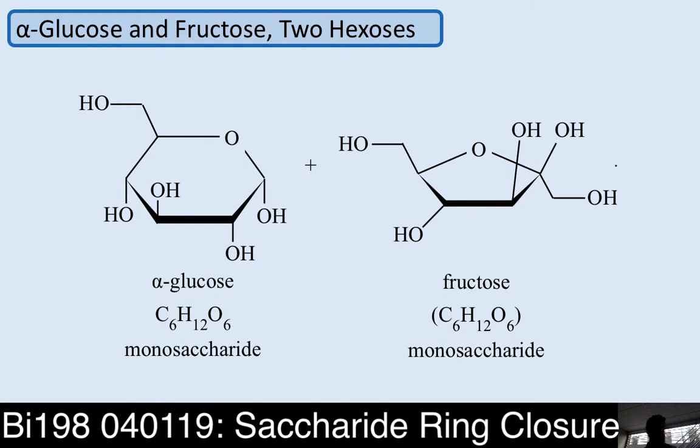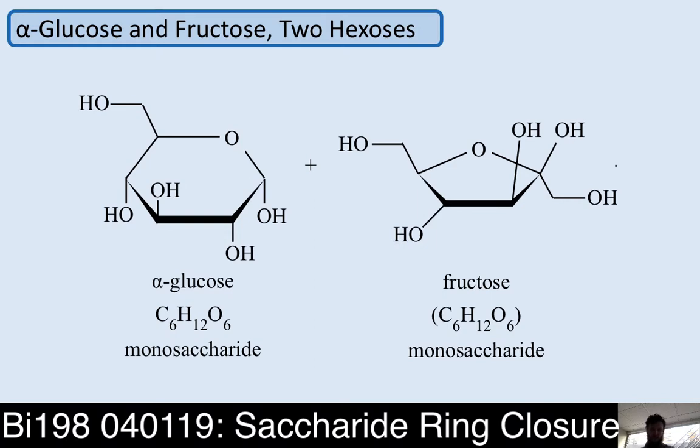So here are two common hexoses. Glucose, this is alpha glucose, and fructose. The glucose is an aldose because it has an aldehyde, that's the one you're working on, and fructose is a ketose, meaning the carbonyl group in the open chain is actually a ketone.